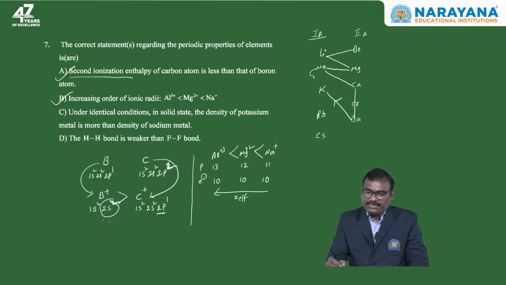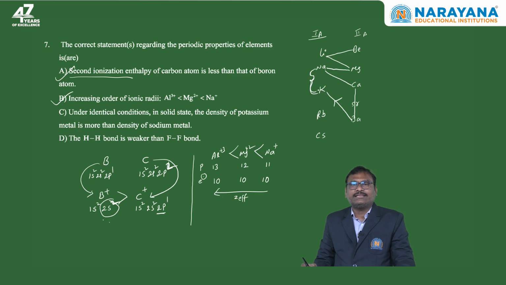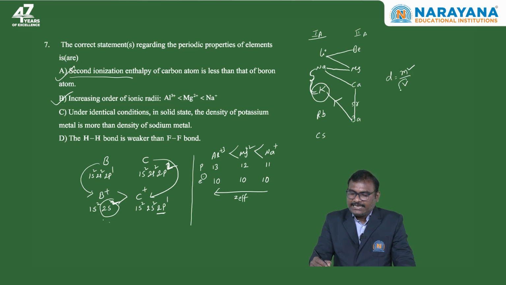That means there is a large gap between sodium and potassium in the size order. The volume suddenly increases at potassium compared to sodium. Density is equal to mass by volume. Compared to the mass increase from sodium to potassium, the size increase is very high for potassium.